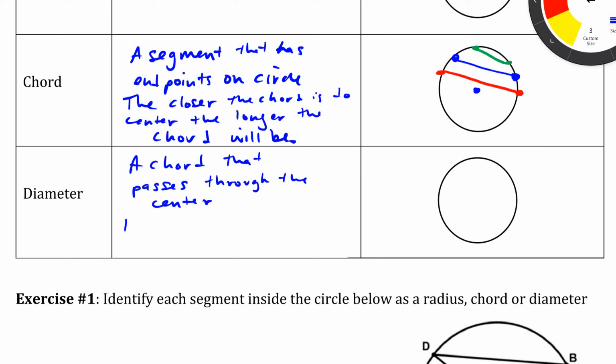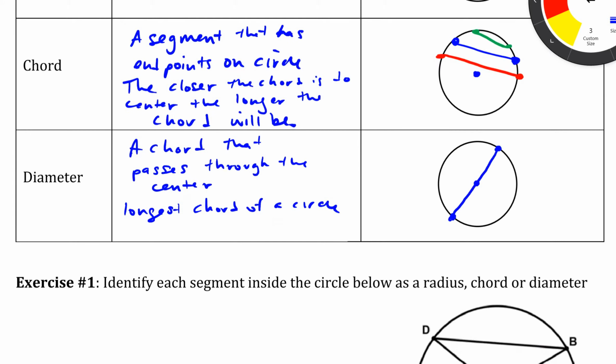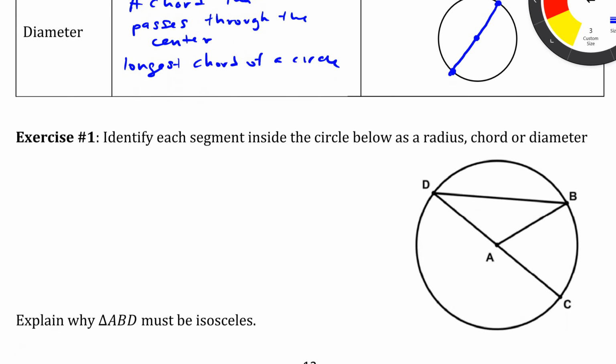And the diameter will also be the longest chord of a circle. So let's draw our diameter. To draw a diameter, we need to make sure that it does in fact pass through the center. So notice it's a chord because the endpoints are on the circle, but it also passes through the center of the circle. So using these 3 vocabulary words, we can define some things about radii, chords, and diameters.